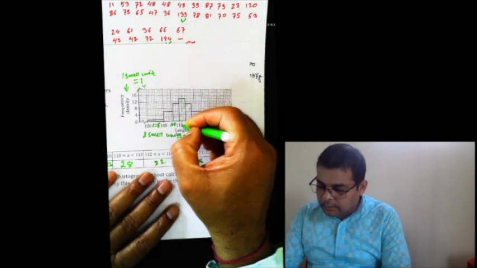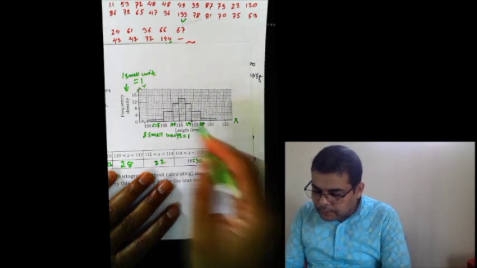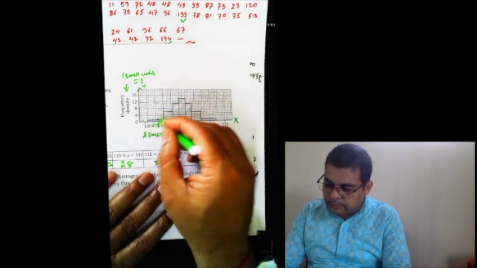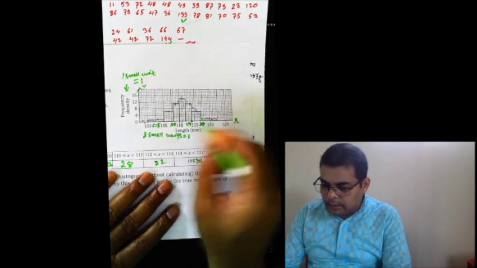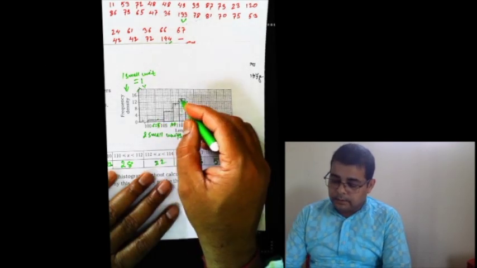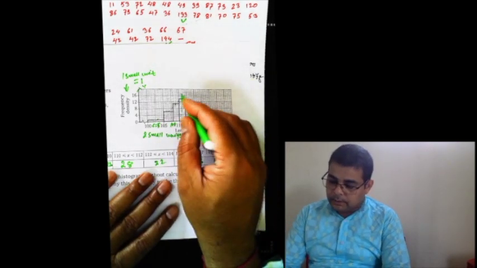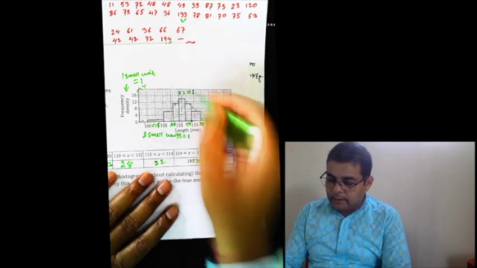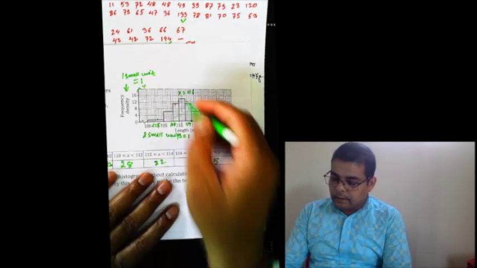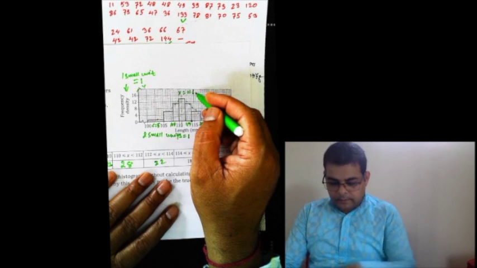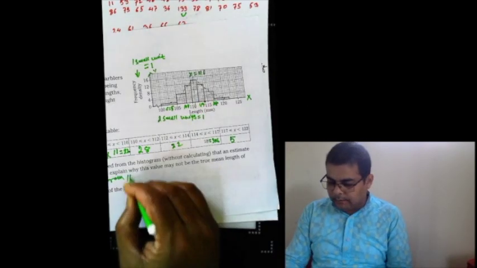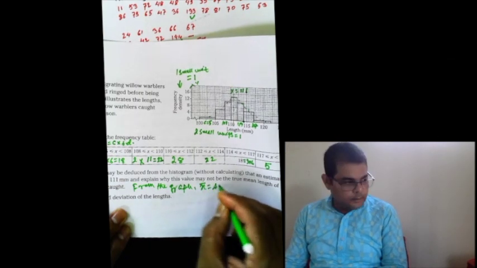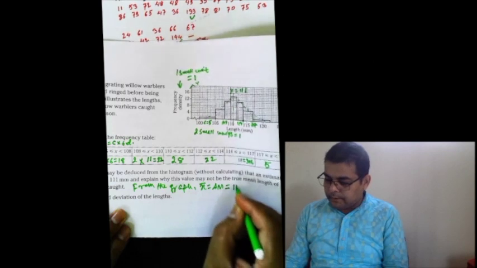Your curve looks symmetric about the point 111 on the x-axis. As the data is symmetric about x equals 111, the arithmetic mean x bar is going to be equal to 111.